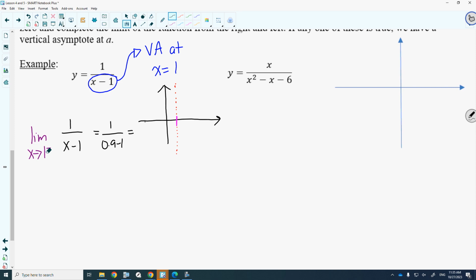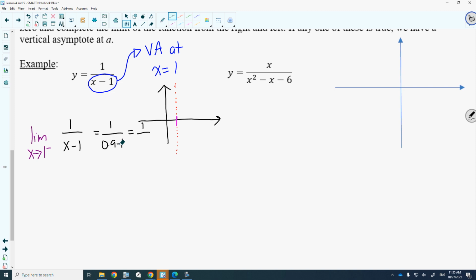I don't actually need to know what this number is. I just need you to know if it is a positive or a negative number.